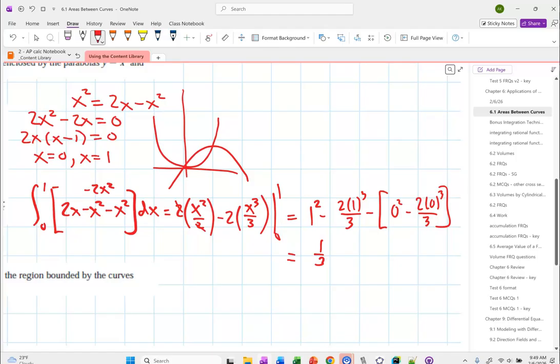Okay there? So far so good, right? It's fairly straightforward. Pretty easy concept.